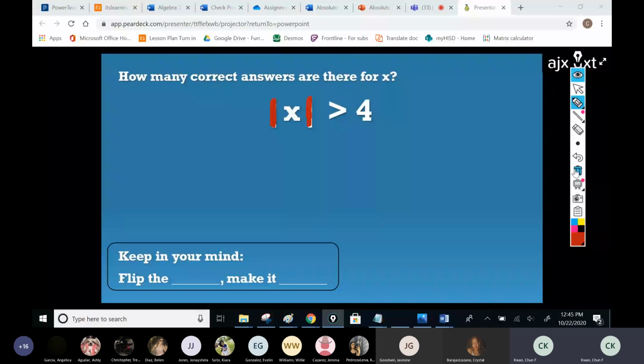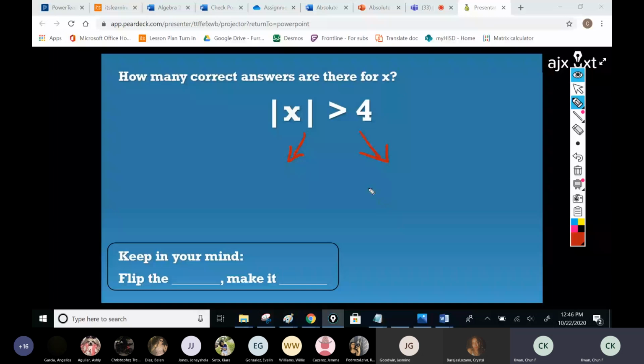All right, so let's look at this example. Absolute value of x greater than 4. When there's nothing in the front that is being multiplied or divided, and nothing in the back, if there's nothing but just the absolute value symbol, we can go ahead and write the two answers.